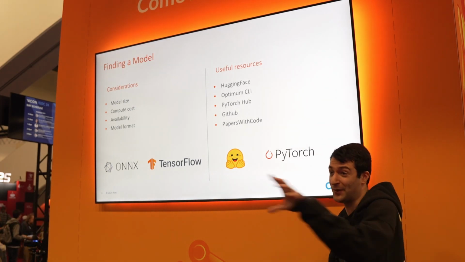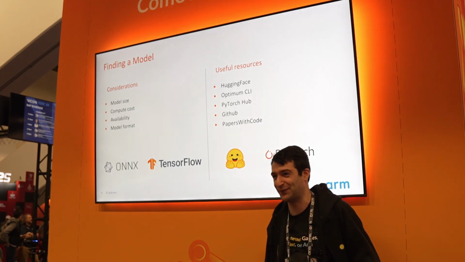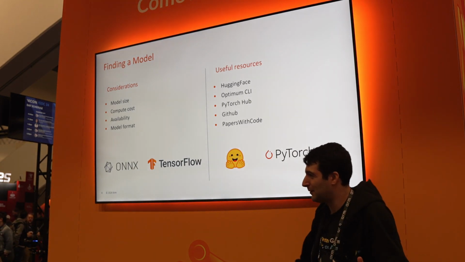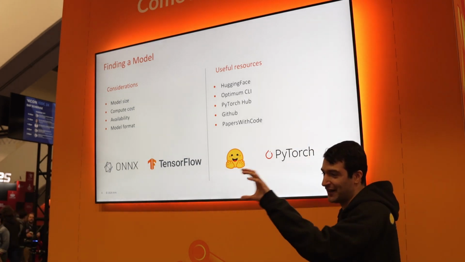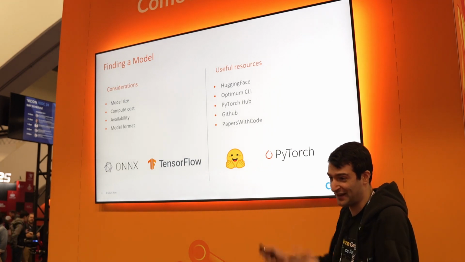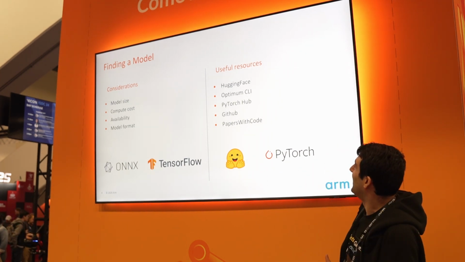PyTorch internally has a way to export to ONNX. Very useful, I've found. And Papers with Code is another sort of place, latest research papers, and then links to the implementations of those. So very useful if you see something released as a paper, but where do you get it?